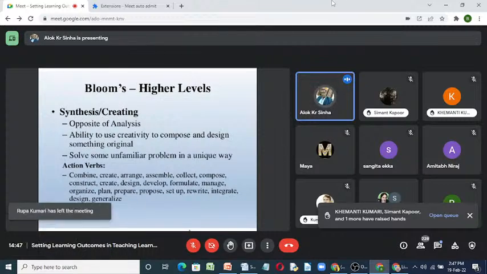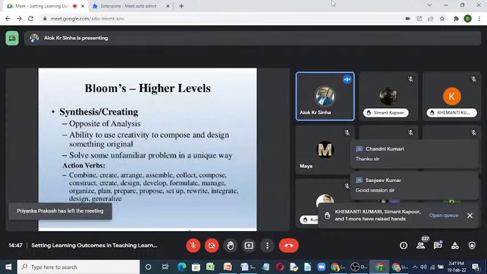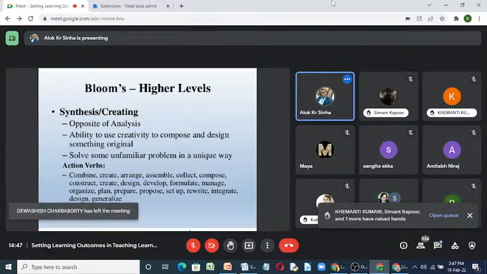And the last one is synthesis, or creating, and it is the opposite of analyze. It is the ability to use creativity to compose and design something original. After successful completion of a course, if one can create or produce anything, these performances come under synthesis, or creating. It also includes solving some unfamiliar problem in a unique way.